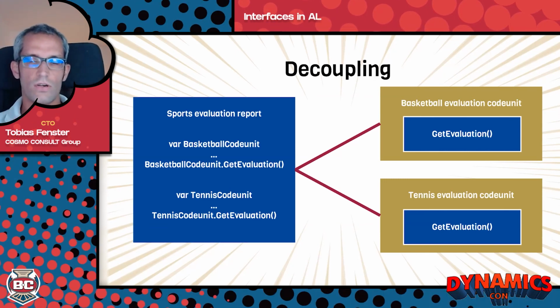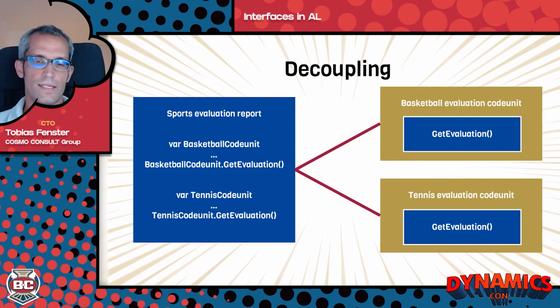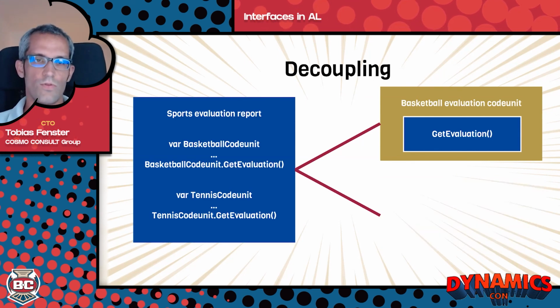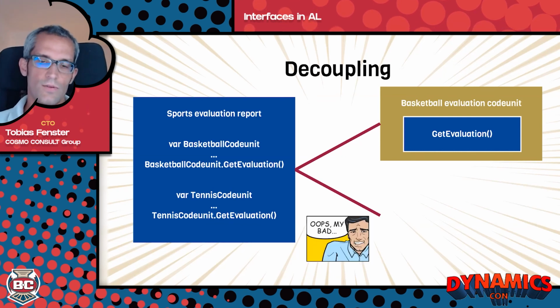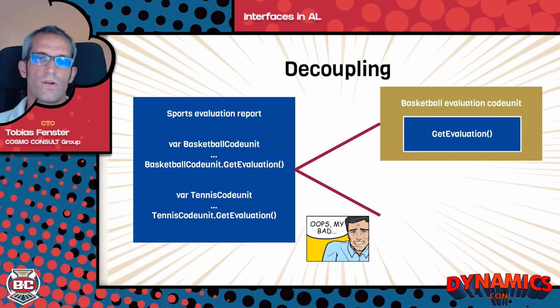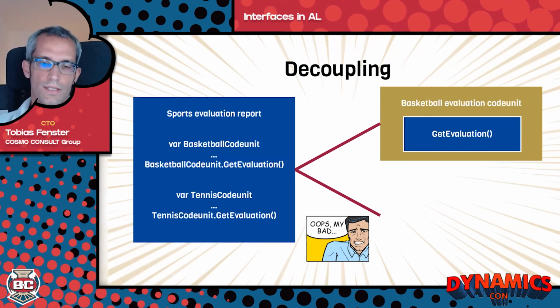Those are very strong explicit links that are happening between the report and the code units. So they're, as I said, tightly connected, tightly coupled. So if I would consider to remove one of those, basically get rid of the tennis implementation, then I would be in trouble because that just doesn't work. It doesn't compile anymore. It doesn't work anymore. I have a problem. And a flexibility like this to just move out parts, bring in new parts, that is why it's important to decouple stuff.